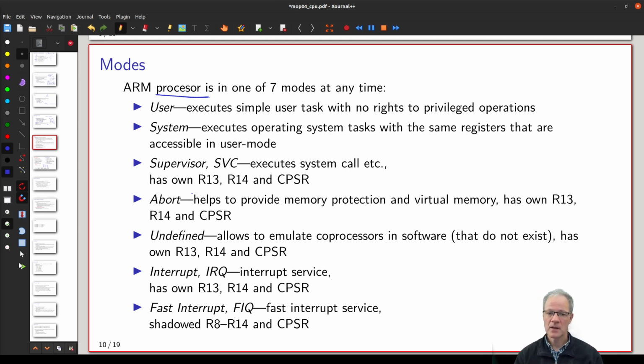In the user mode, which is usually how programs run, the simple tasks can only live in their own memory and do not have access to other memories or to the privileged operations. They just do their own thing. If one goes wrong and tries to do some of those privileged operations, there's going to be an interrupt, and we're going to be able to catch this problematic situation.